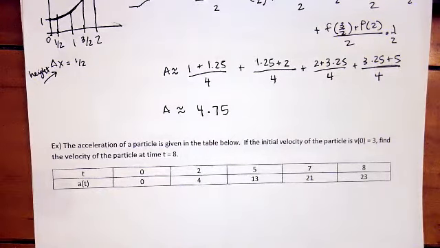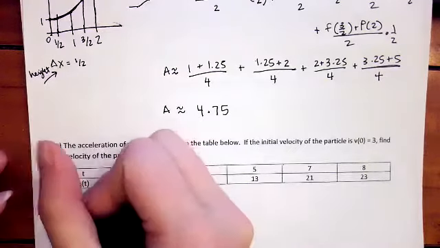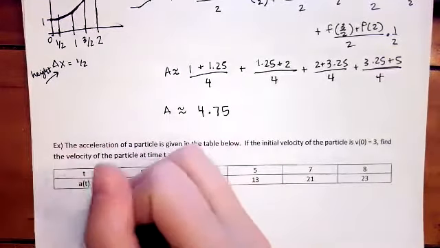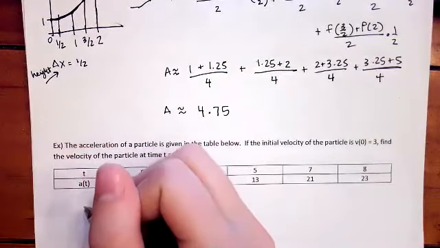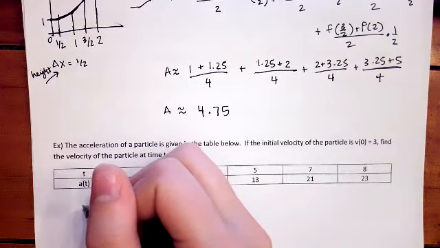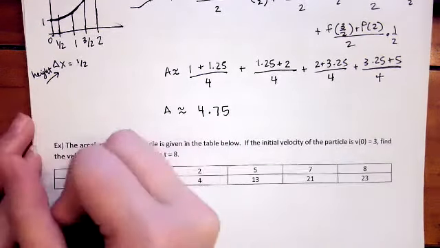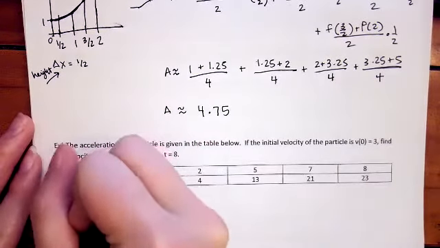We want to find the velocity at time 8. Remember, acceleration is the derivative of velocity. So if we take the integral of acceleration by using a trapezoidal estimate, we're going to end up with our velocity. So we're looking for velocity of 8.